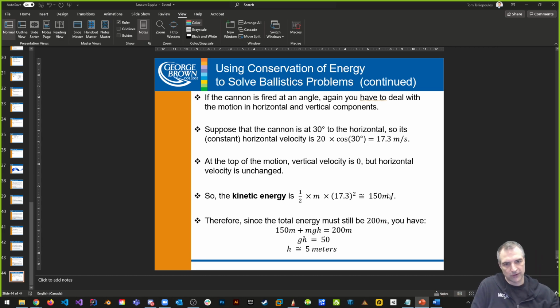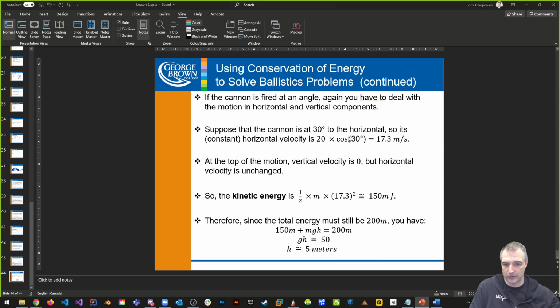And therefore, since the total energy must still be 200 m, because it's going to climb to a total height of whatever that's going to be, from the previous equations, we can say that 150 m plus mgh is equal to 200 m, right? And therefore, if we balance both sides of the equation, gh is equal to 50, and so the height is approximately equal to 5 meters.